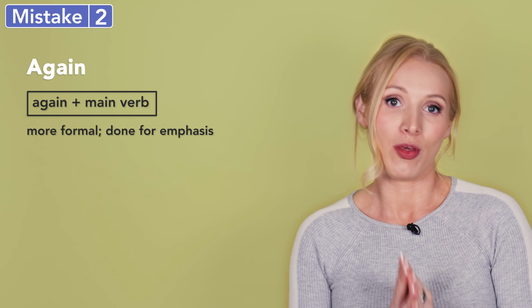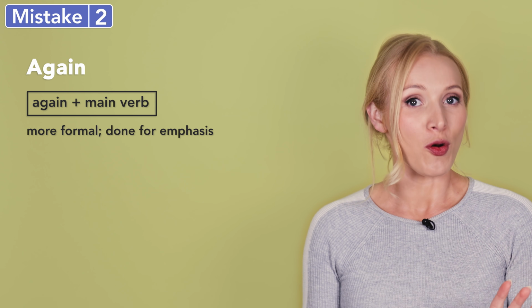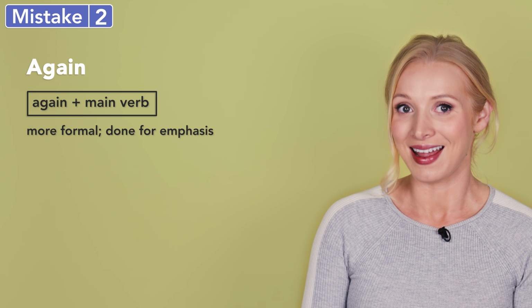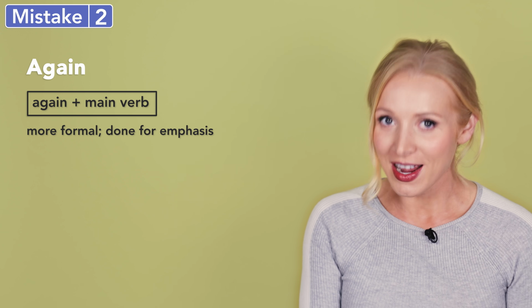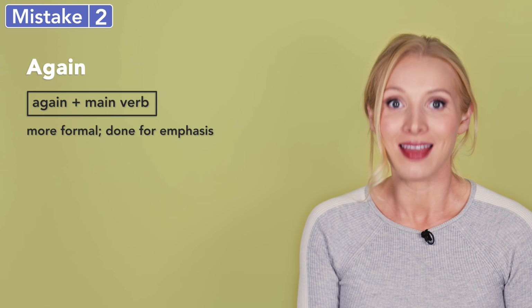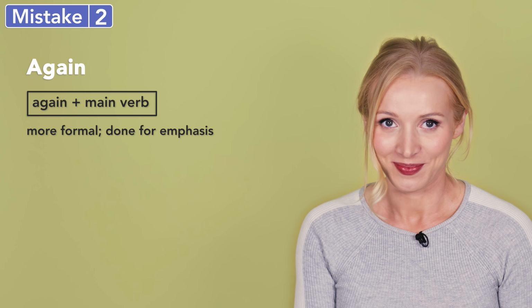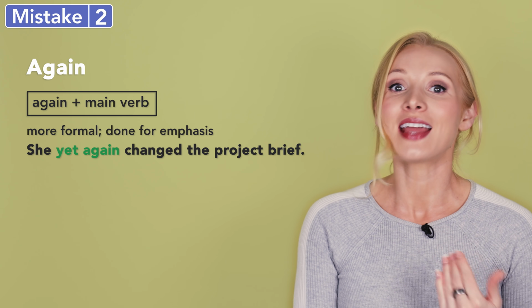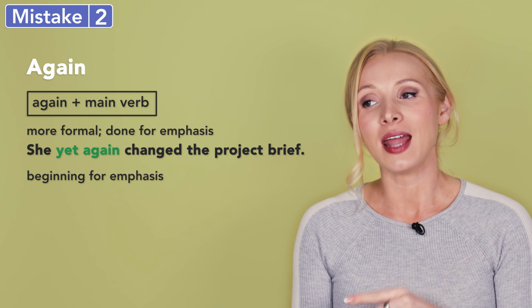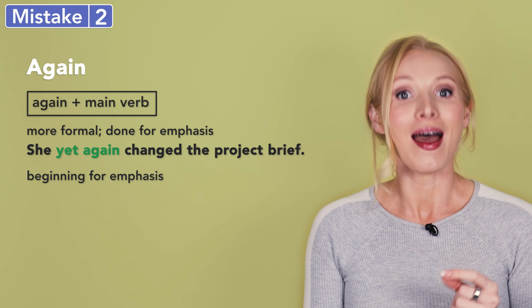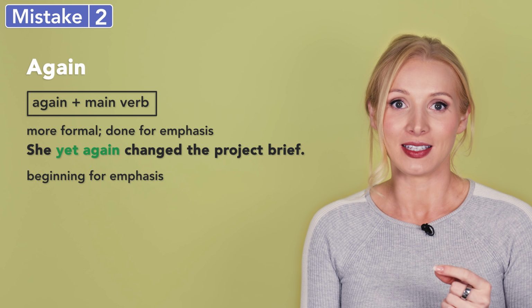Now, you'll sometimes see again before the main verb. This is more formal than placing again at the end and is done for emphasis. For even greater emphasis, we can add yet. Yet again. She yet again changed the project brief. Now, again and yet again can also appear at the beginning for emphasis.